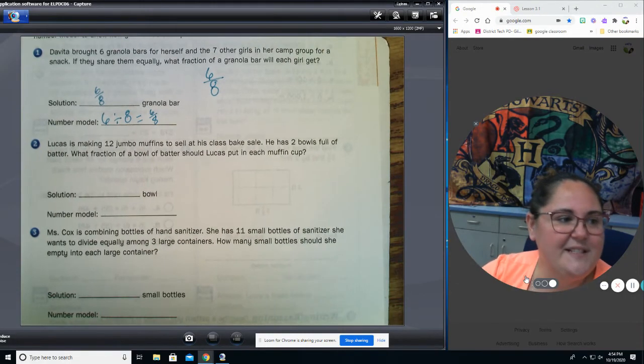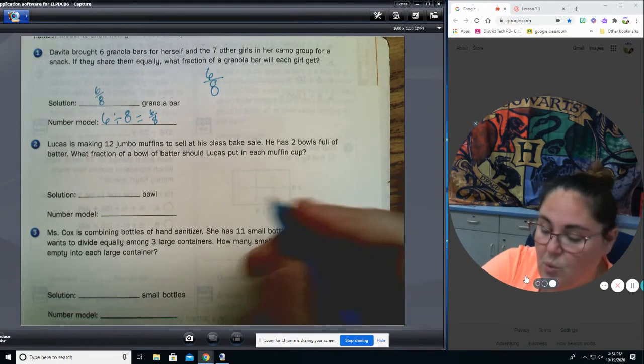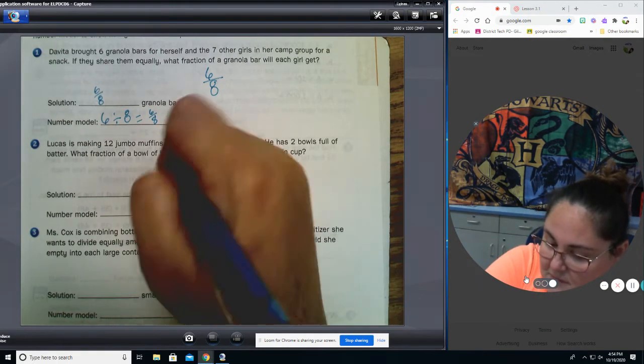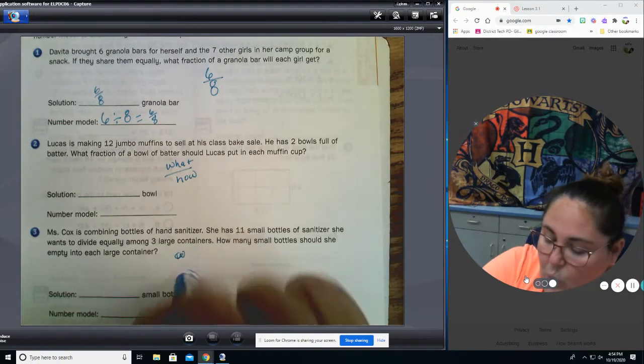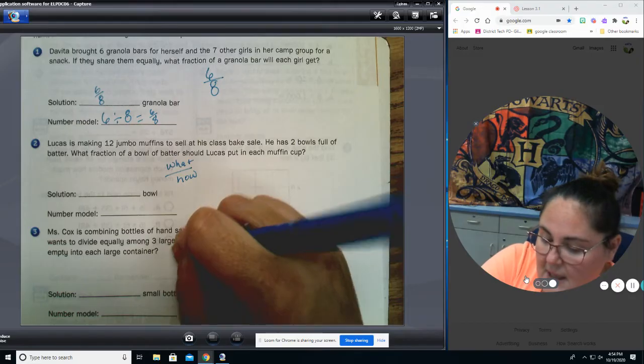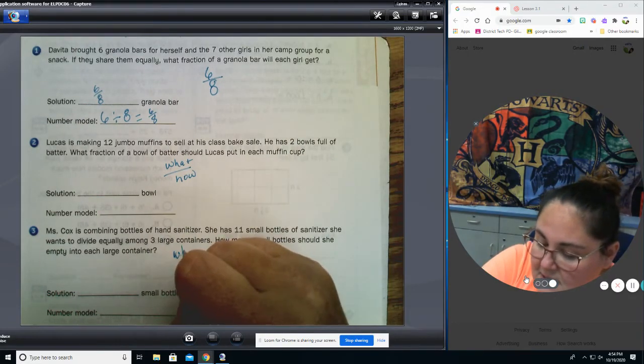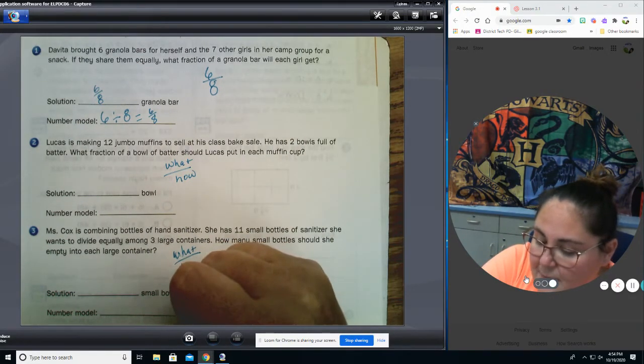All right, Lucas is making 12 jumbo muffins to sell at his class bake sale. He has 2 bowls full of batter. What fraction of the batter should Lucas put in each muffin cup? So what over how? What am I dividing? Am I dividing the muffins or am I dividing the batter?